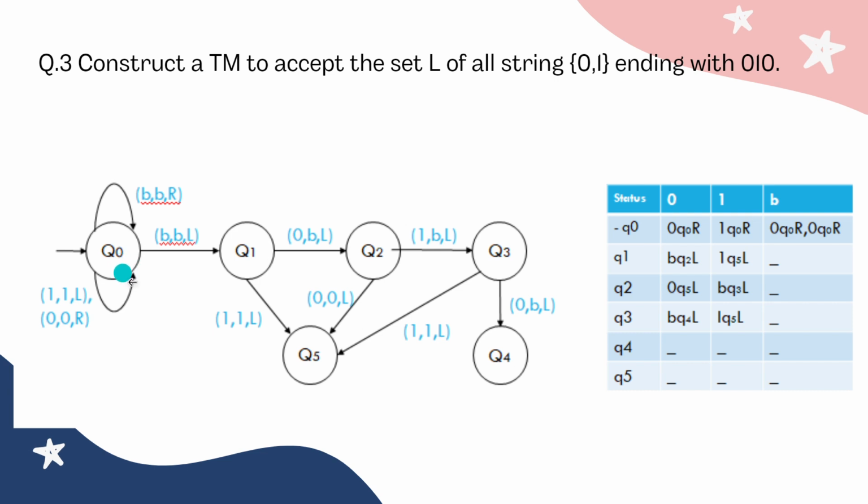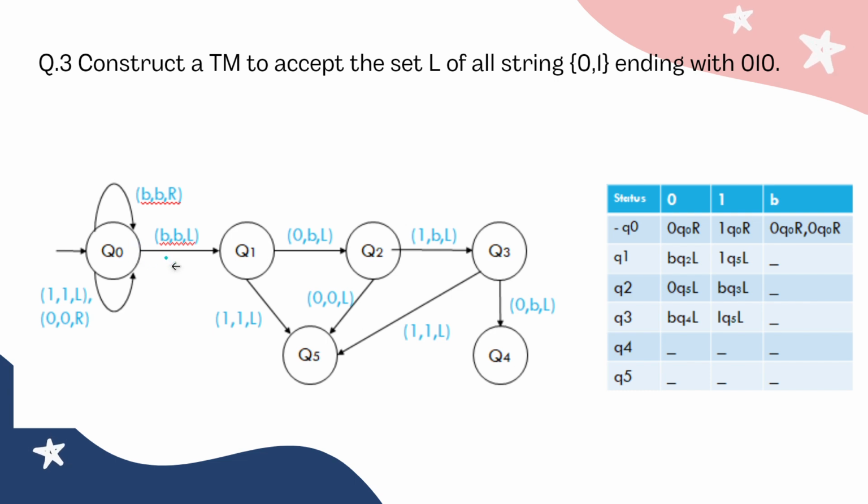Here we are starting from q0, which is our initial state. On q0, if our input is 0, we have (0, q0, R), that is, we stay in the same state and move towards the right. Then if 1 comes as an input, it gives (1, q0, R): we stay in the same state and move right.